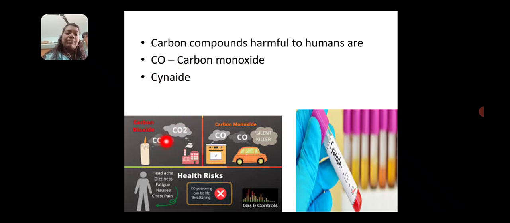Carbon dioxide is another gas, but it does not cause any harm to humans. Carbon monoxide, however, is a silent killer and carries a very high health risk. So these are some of the carbon compounds.